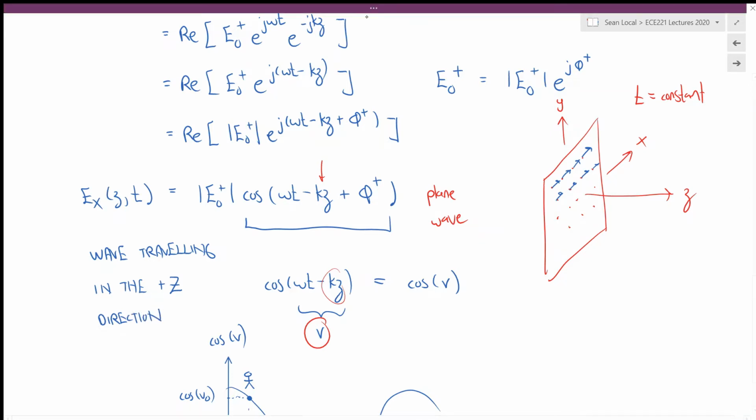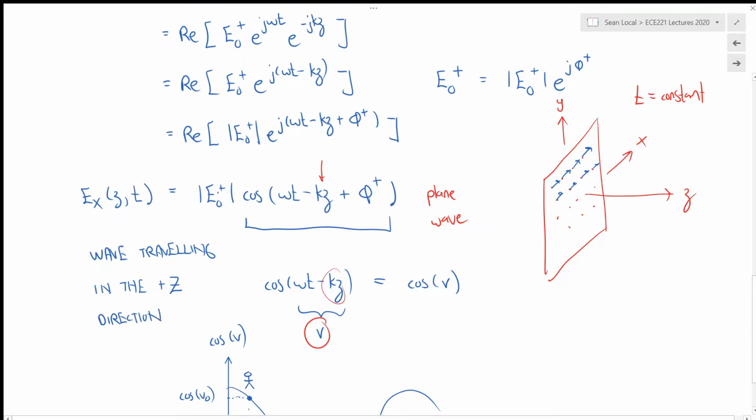And that is why originally I put these superscripts plus here, because this particular solution to the wave equation travels in the plus z direction as time increases.